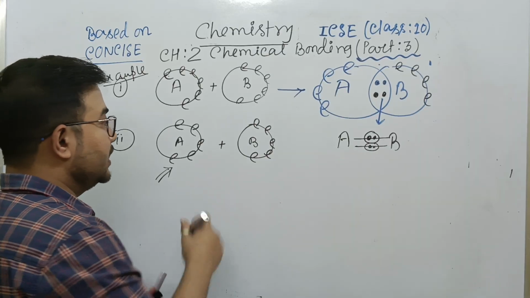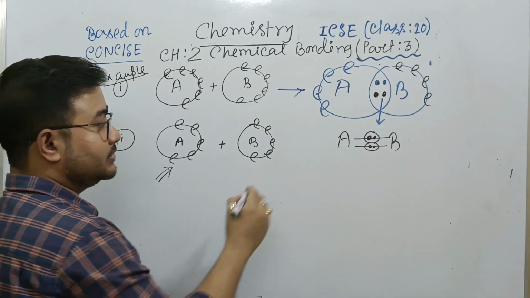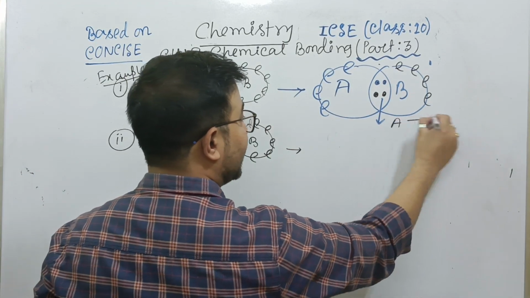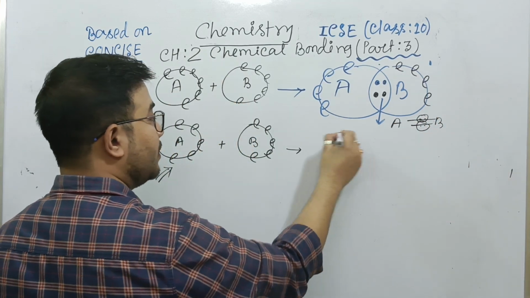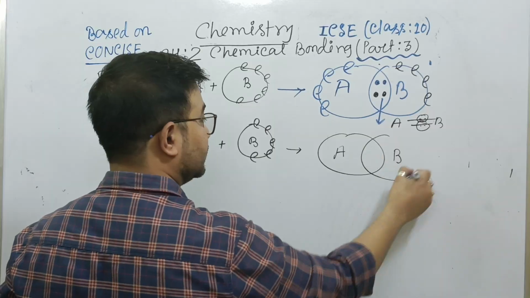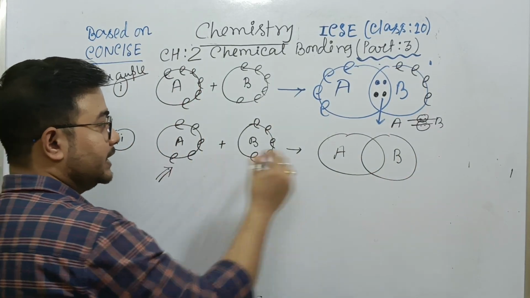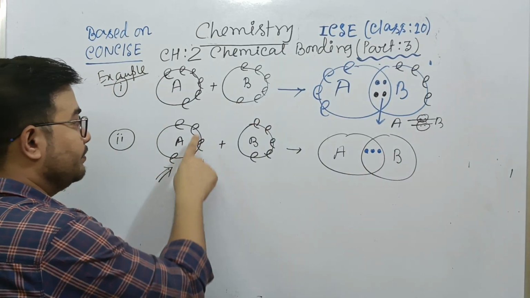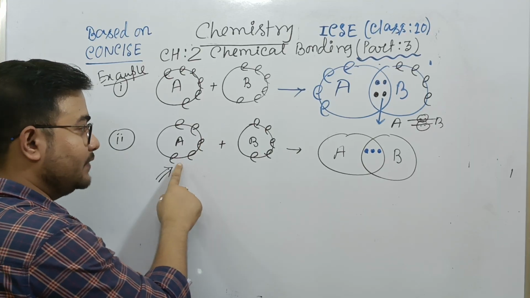Now instead of accepting 3 electrons, it will try to form a common space. Instead of accepting 3 electrons, it donates 1, 2, 3 electrons here. So initially how many electrons were present here? 5, donates 3.